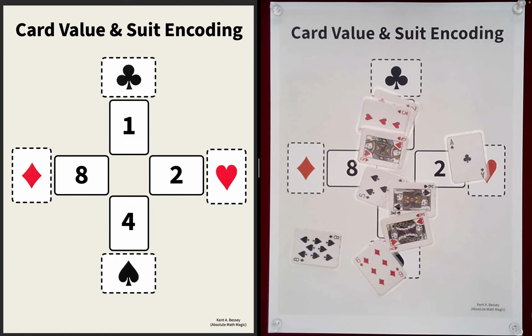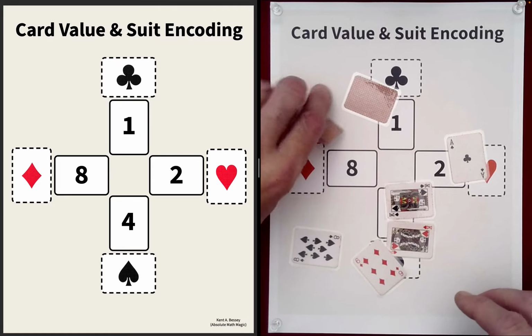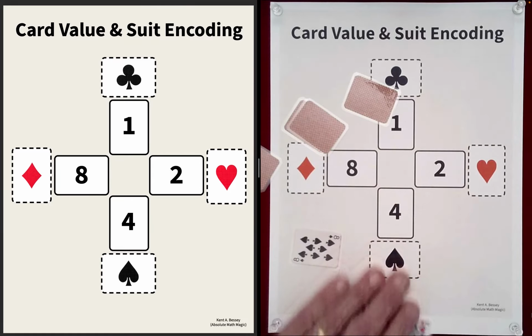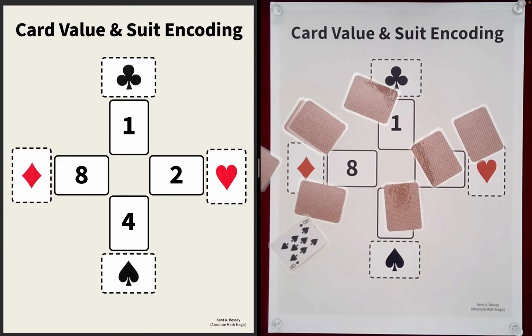As you saw in the performance, you would normally do this with the cards face up, laying them out just as I did to encode the information for the 7 of spades. But for our training, at least at first, we'll have them face down so that you're not overwhelmed with seeing values, suits and different colors.